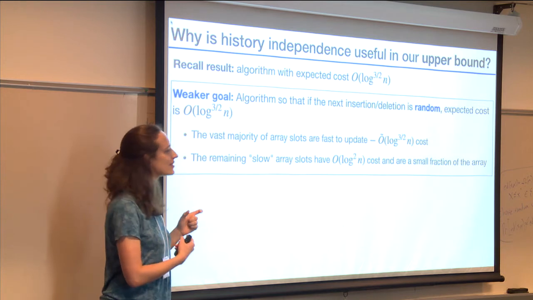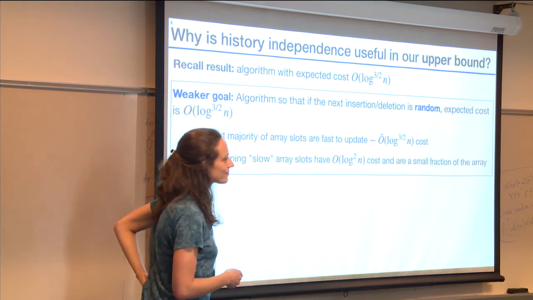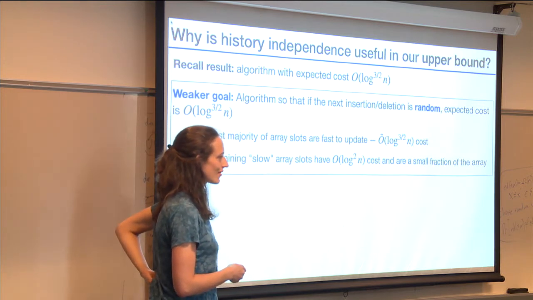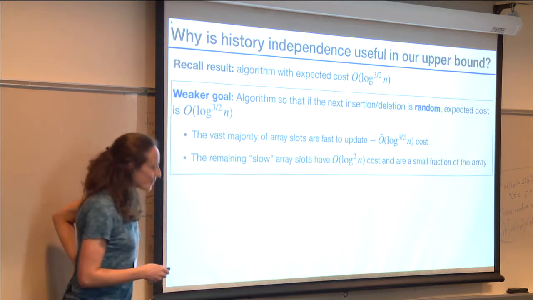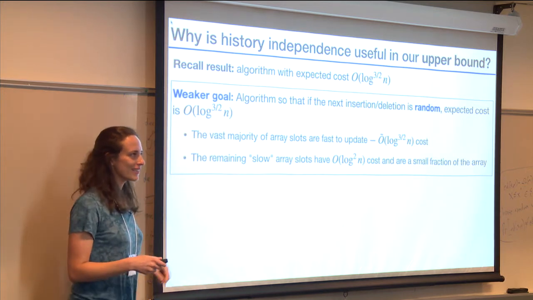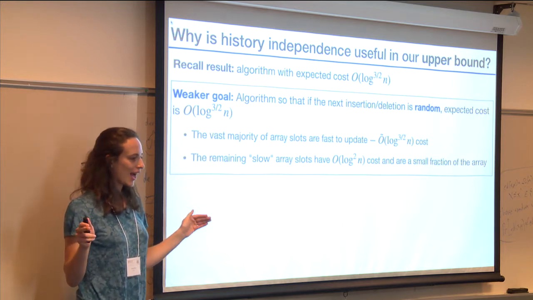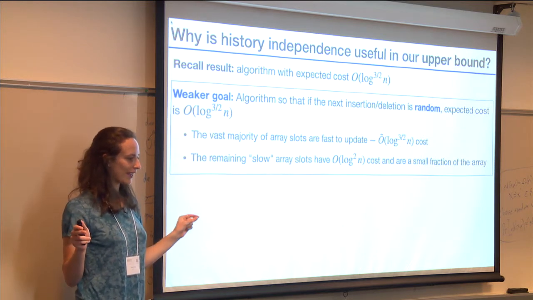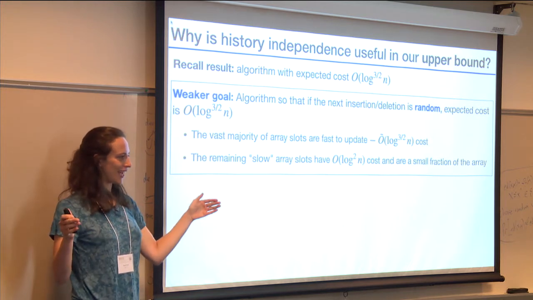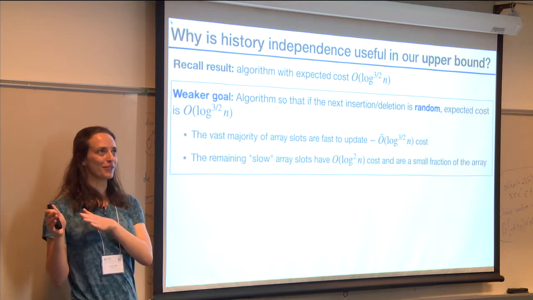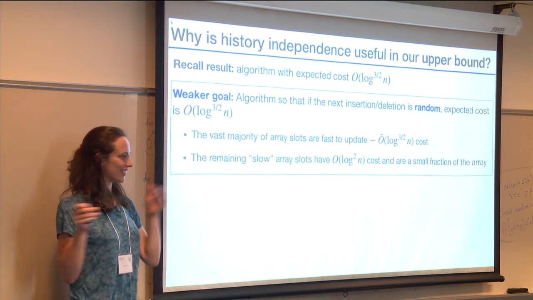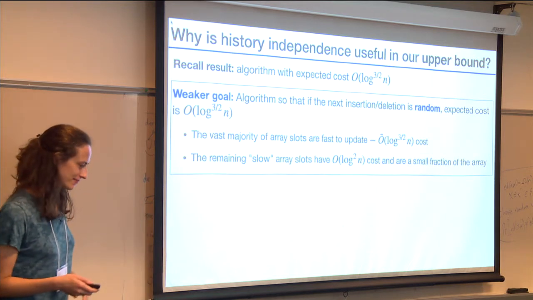I guess what I'm saying, when you say if the next insertion or deletion is random, what do you mean by random? Good question. By random, what I mean is that think of all of the elements that are currently in the array. I'm going to uniformly randomly pick a rank. So you pick one of the n plus 1 gaps. I'm picking a number from 1 to n plus 1, and inserting there.